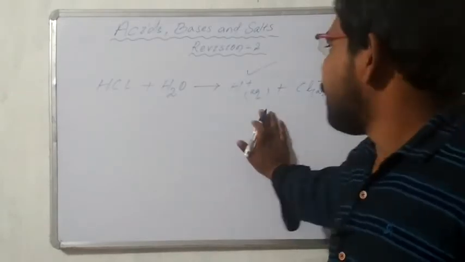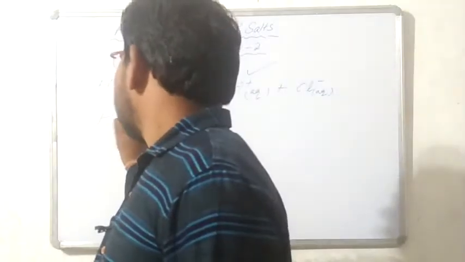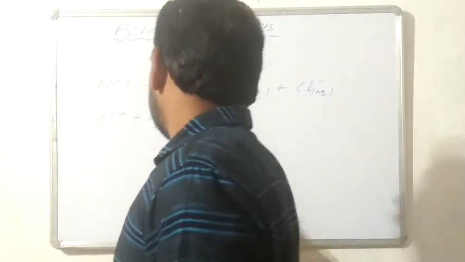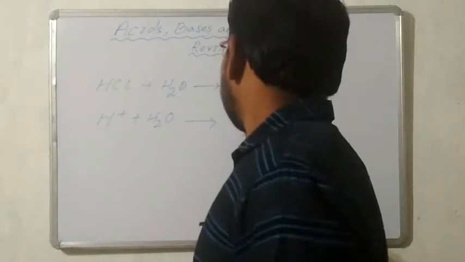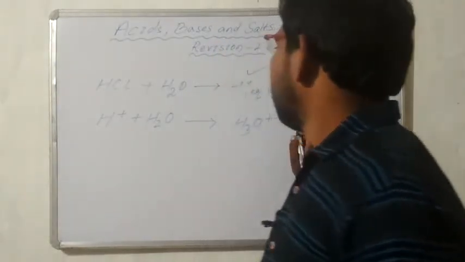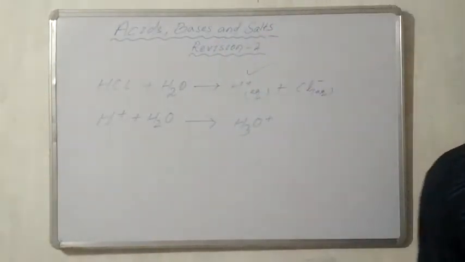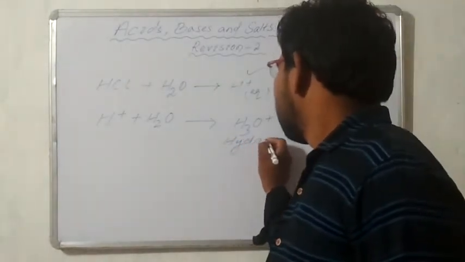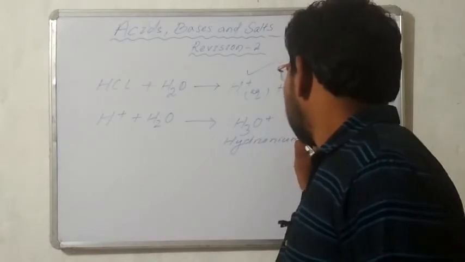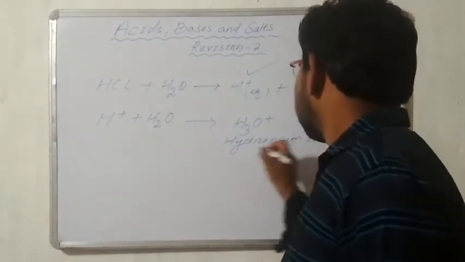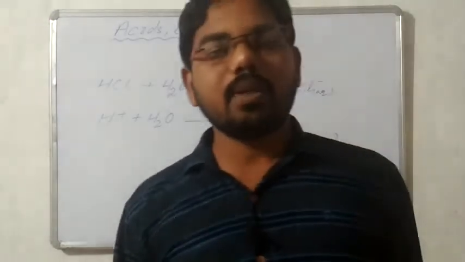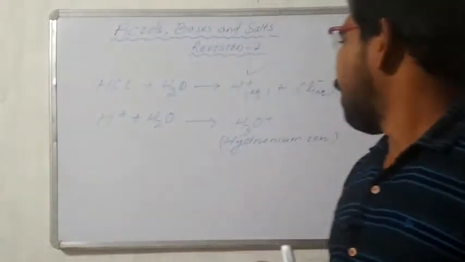Why are the hydrogen ions unstable? That's why they further react with water and produce H3O plus ions, hydronium ions. When acids dissociate in water, they produce hydronium ions.